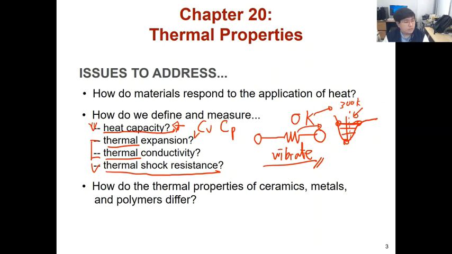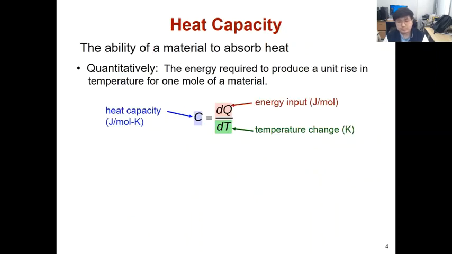And finally, after covering these fundamentals of thermal properties, I hope you know the exact thermal properties of ceramic, metal, or polymer material systems. Let's define the heat capacity. It is the ability of a material to store or absorb heat.